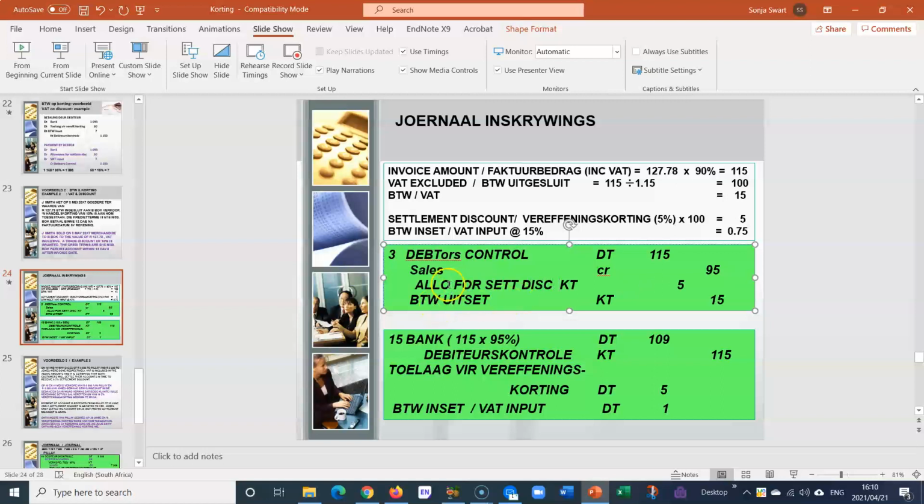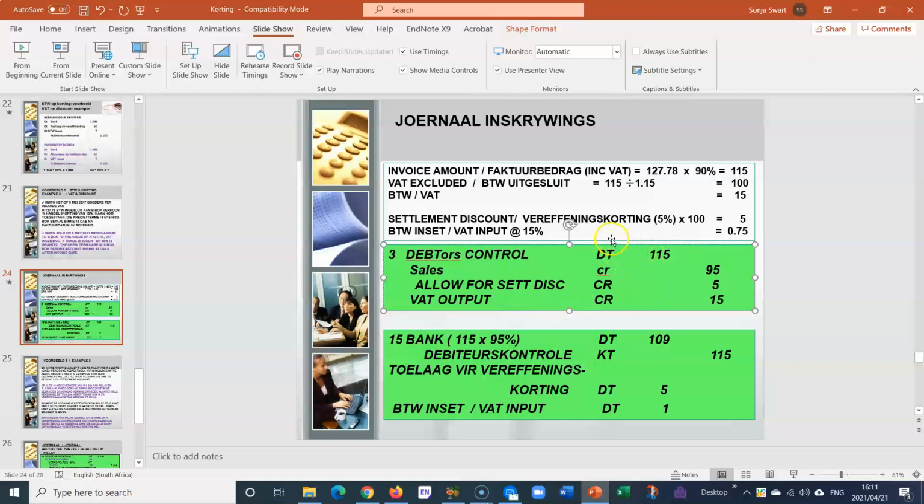My allowance for settlement discount account would have been credited with 5% of the VAT exclusive amount, 5 Rand. And VAT output would have been credited with the full amount of the VAT that appears on the invoice equals 15 Rand.